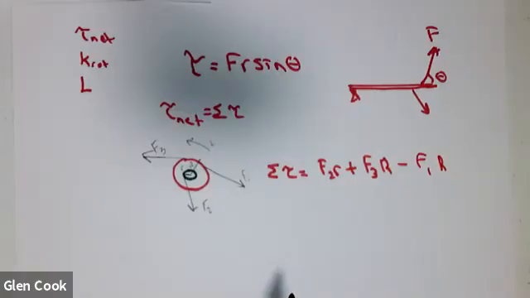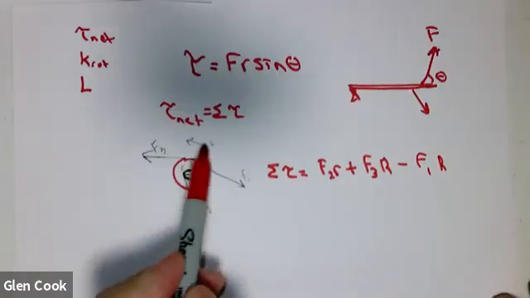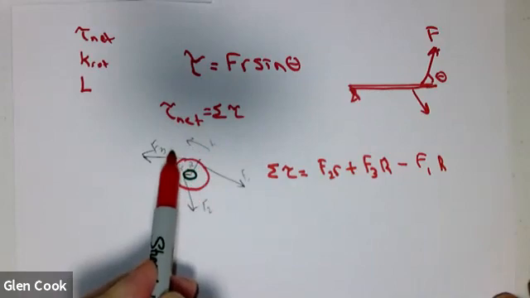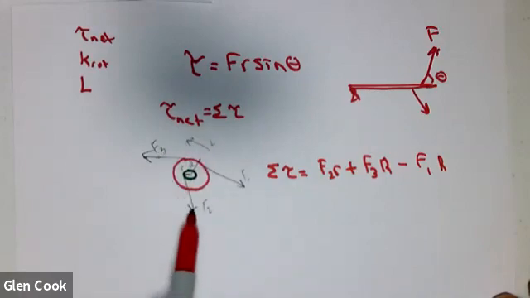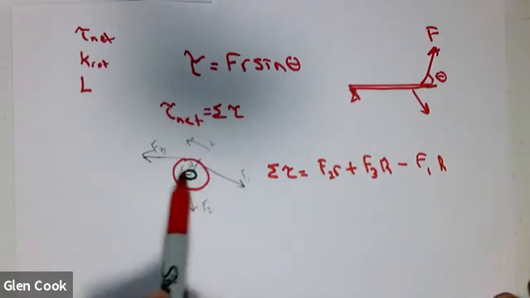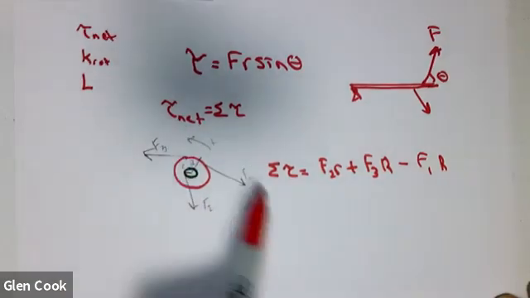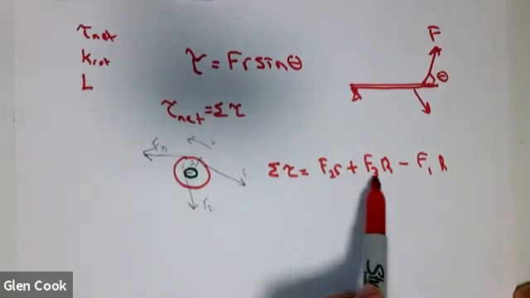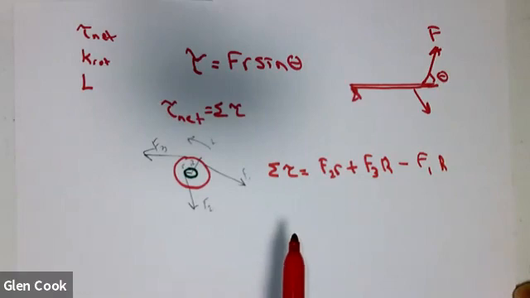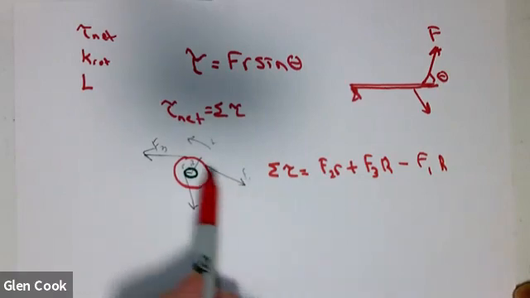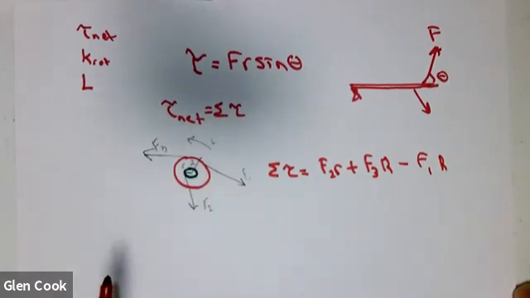I just chose to. Order is irrelevant. If I've chosen this direction to be positive, force 3 and force 2 are trying to rotate the system counterclockwise, which is positive, so I put them first. And I chose this one to be negative because it's trying to spin in the other direction.